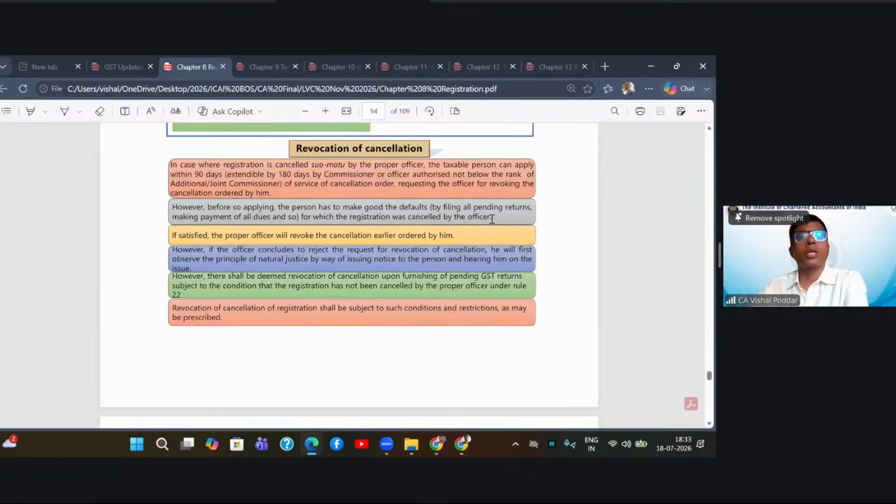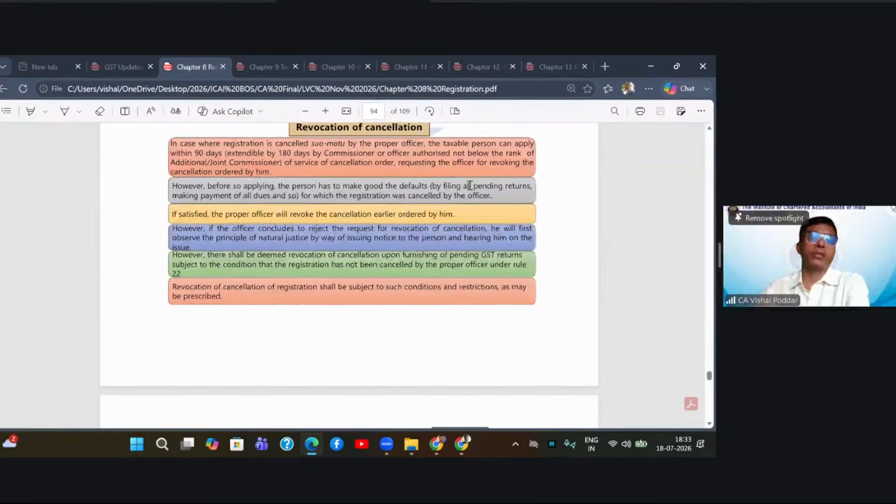So even after cancellation by the officer, where the officer has done suo motu cancellation, you can apply within 90 days, which is extendable by 180 days by the Commissioner or any officer authorized by the Commissioner, from the date of the cancellation order. You may request the officer for revoking the cancellation.